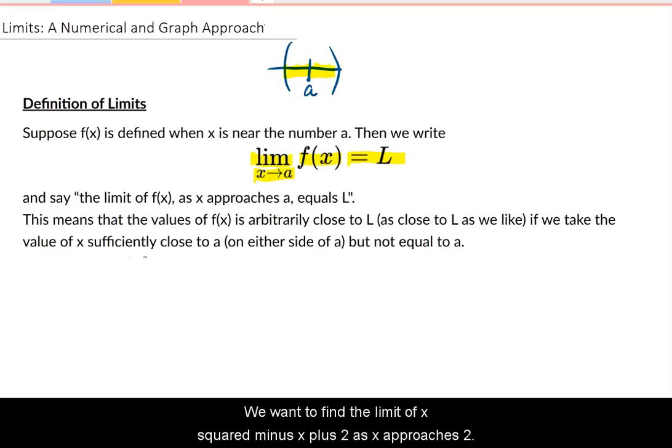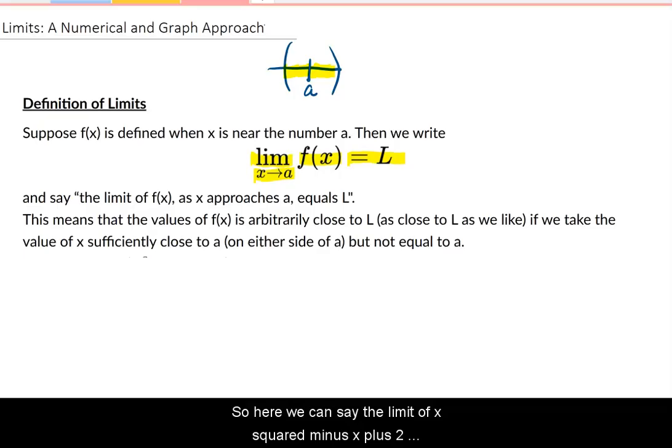We want to find the limit of x squared minus x plus 2 as x approaches 2. If we look at the graph of this function, as x approaches 2, either from the left side or the right side, the y value approaches 4.